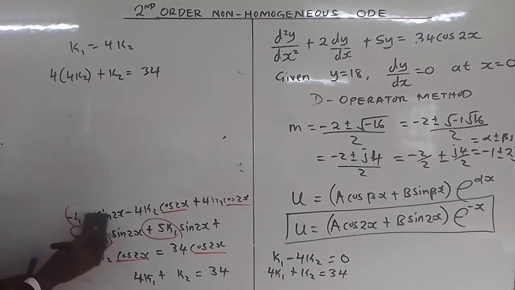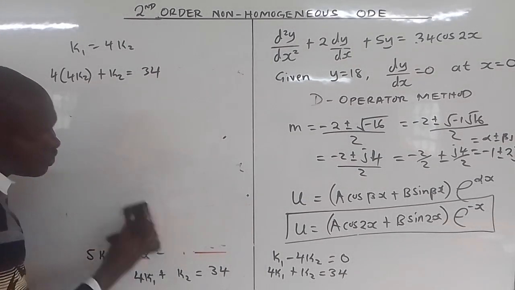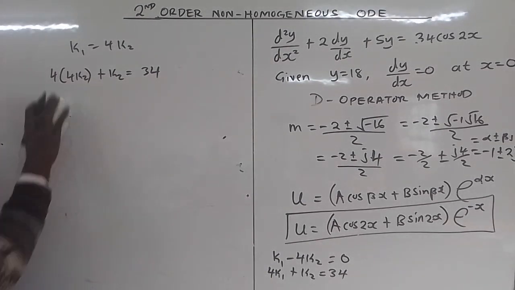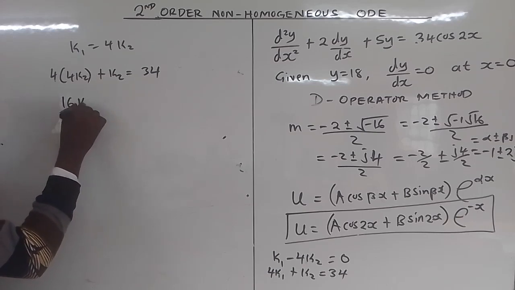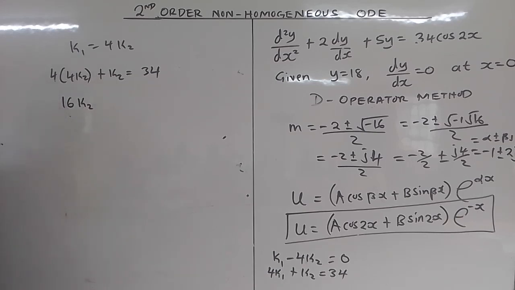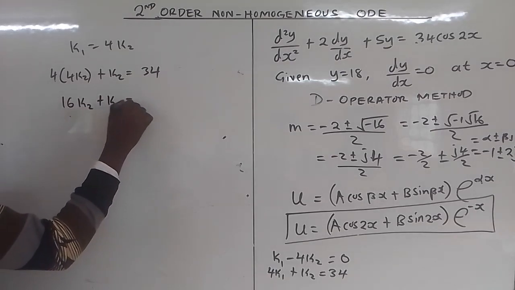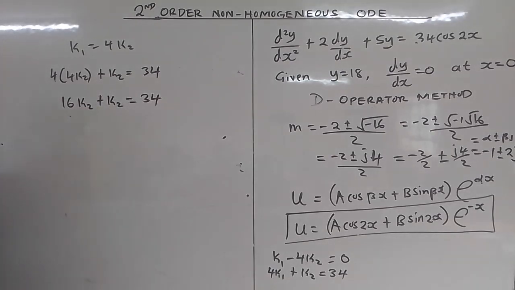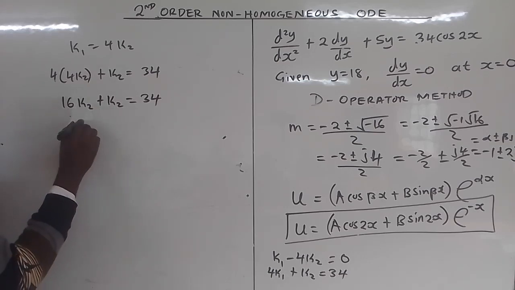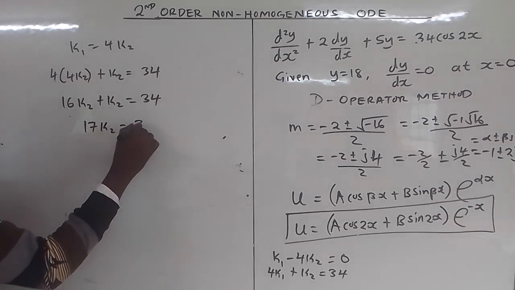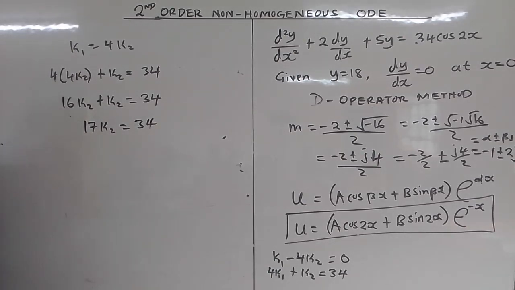So what do we have? Solve that. 4 times 4 is 16k2, isn't it? So 16k2 plus k2 is equal to 34. So 16 plus 1, you get 17k2 is equal to 34, very simple.